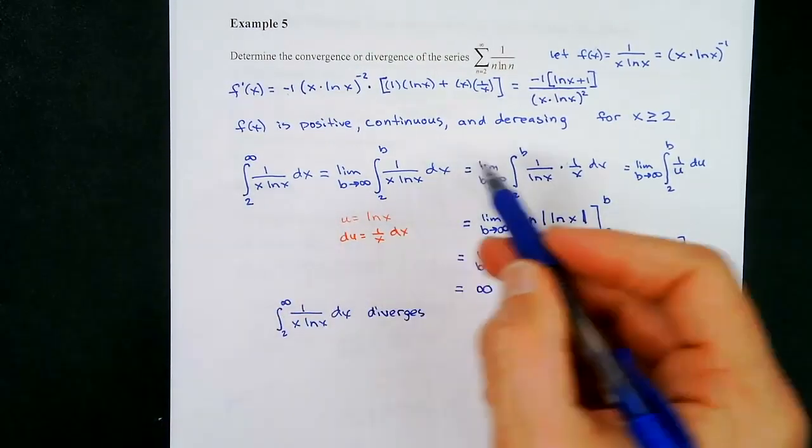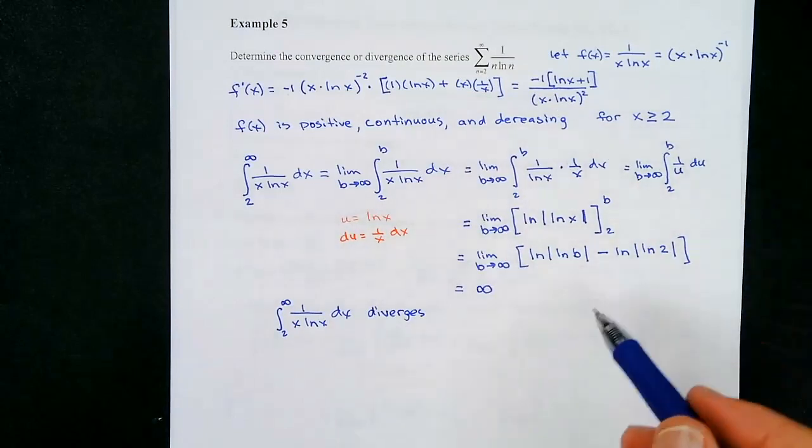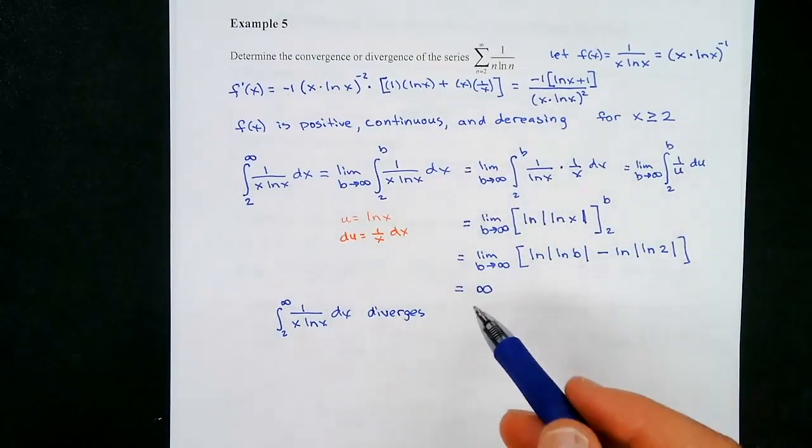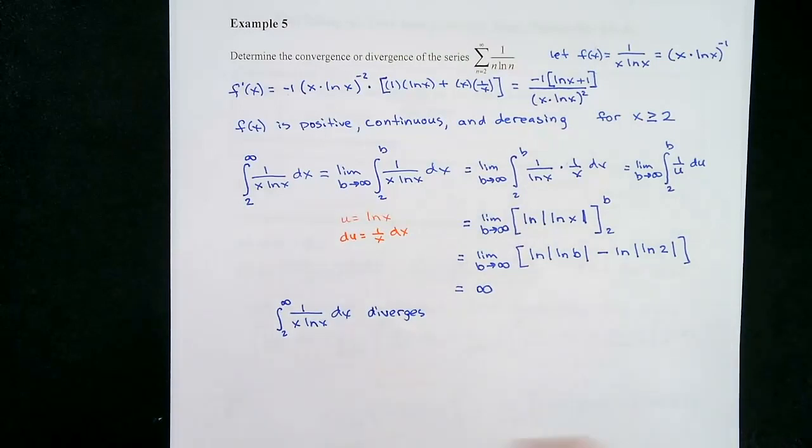Because we met the conditions for the integral test, and we used it to show that this diverges, that means the series has to diverge.